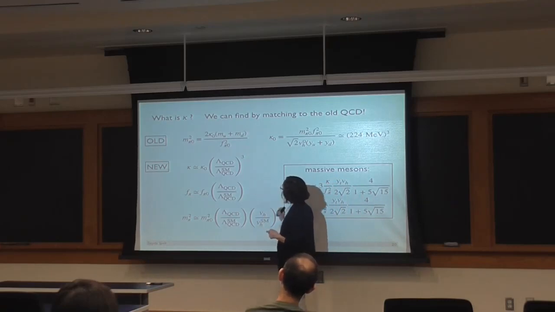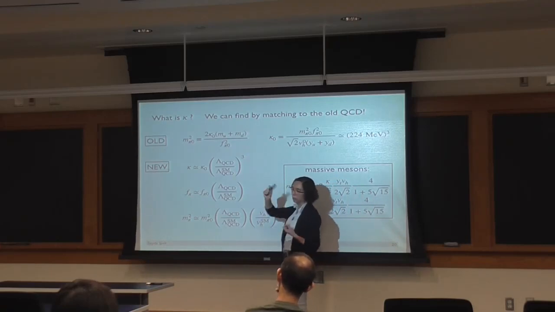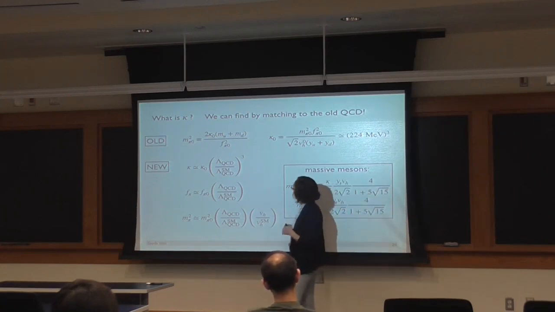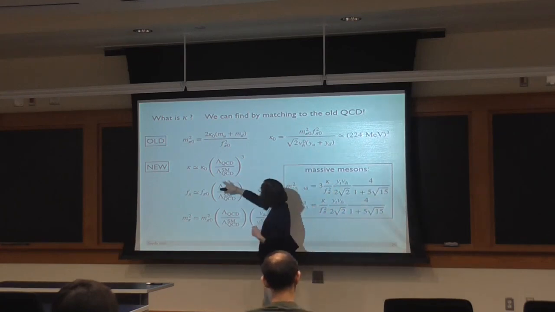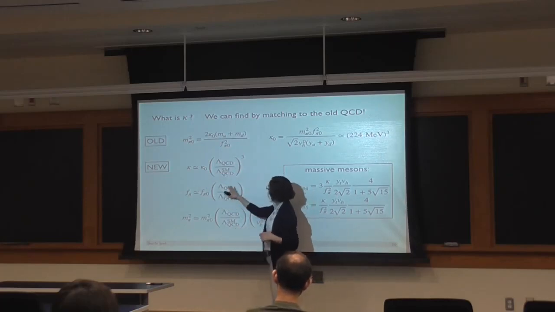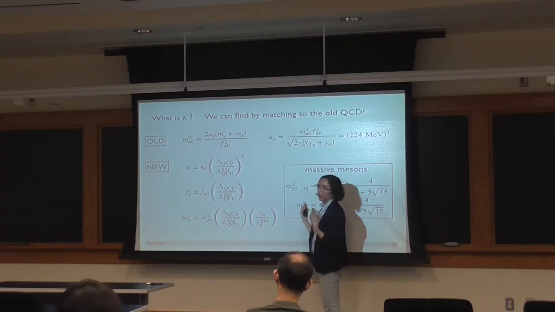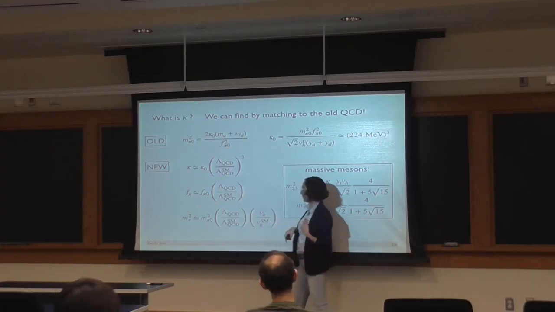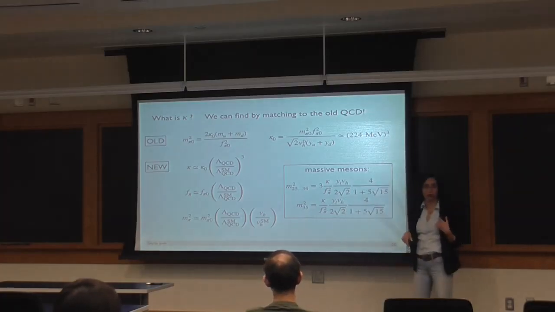Up to corrections that come from having 6 massless quarks versus 2 or 3 massless quarks, the quantity kappa scales by the 3rd power of the QCD scale, and f pi scales with the 1st power of the QCD scale, whereas the pion mass scales with 1 power of the new QCD scale and the quark masses or the Higgs.